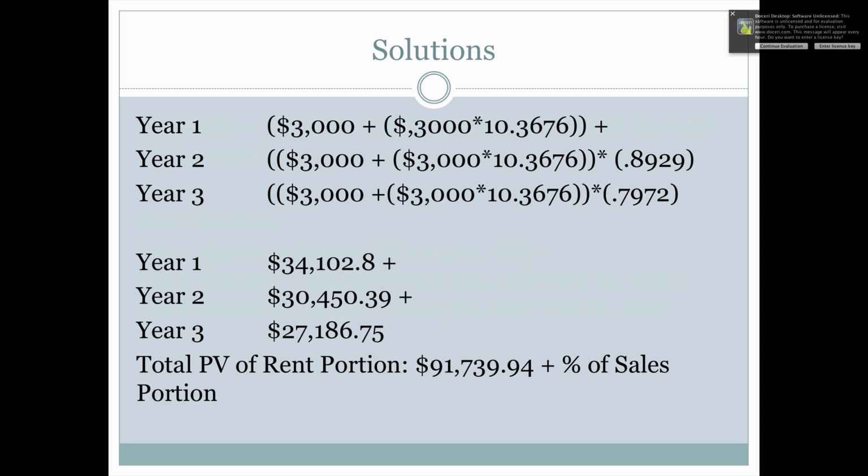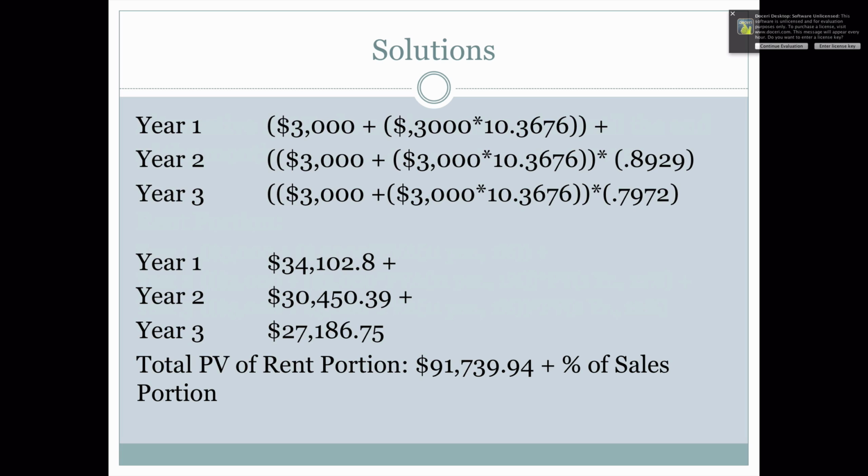When we do the math, we get $34,102.80 for the first year, $30,450.39 for the second year, and $27,186.75 for the third year. You could have actually done this all in one calculation as a present value of annuity for 36 months, or 35 months rather, and then add the 3,000.